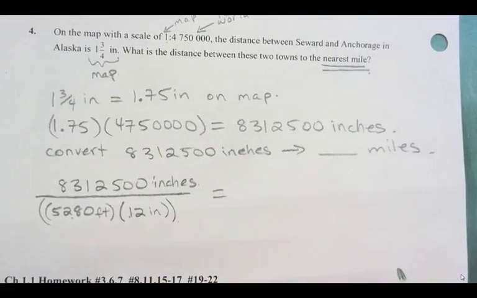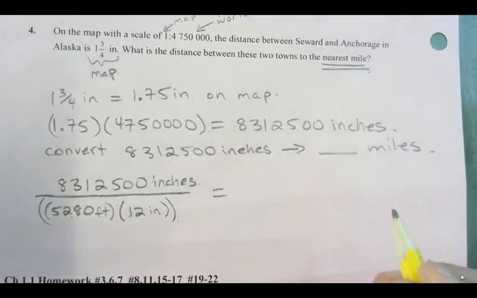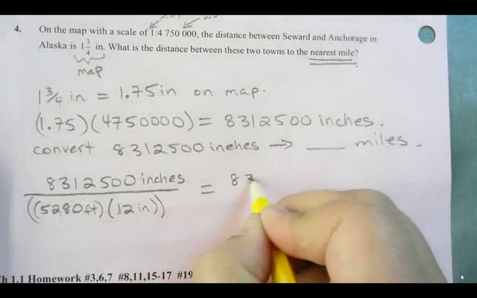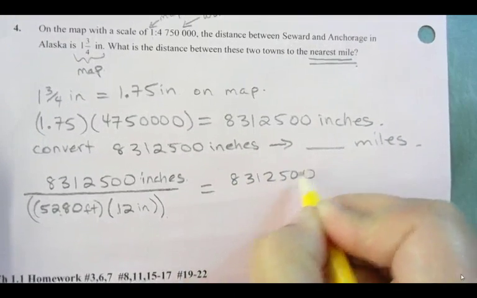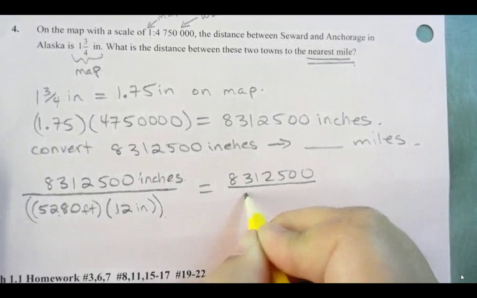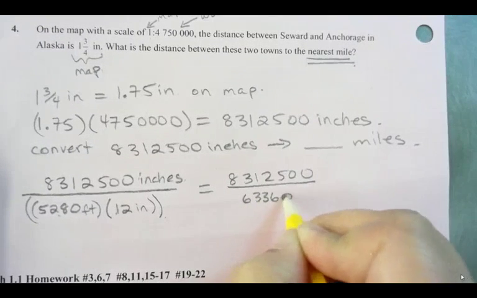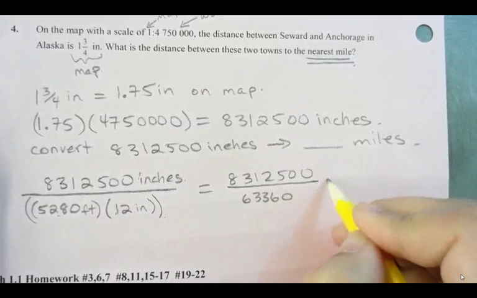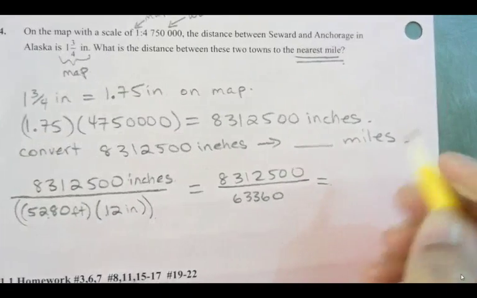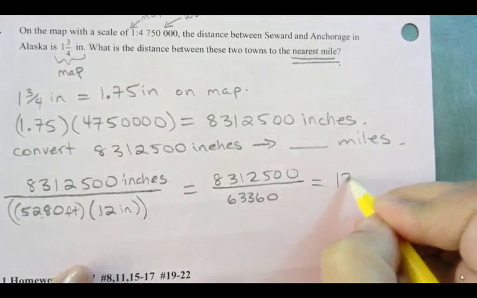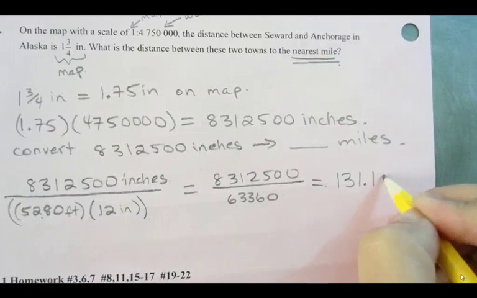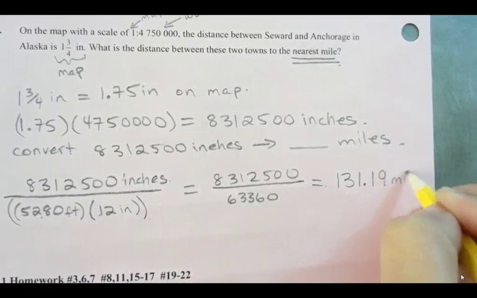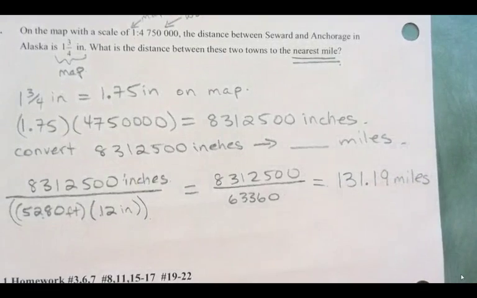Okay? If I want to do it step by step like that, I can say 8,312,500 over 63,360 inches. And that's going to give me how many miles? So how many miles do we end up with? 131.19 miles.